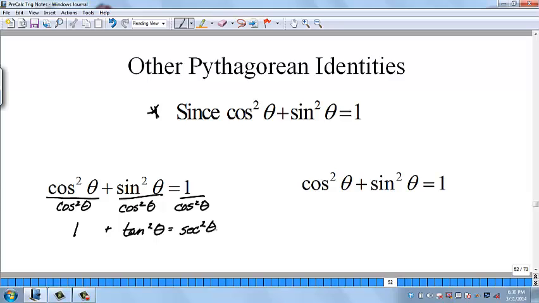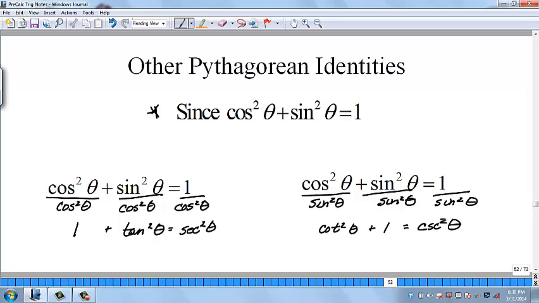I don't expect you to memorize that, but it'll come in handy. The other way to do it is to divide them all by sine squared theta, and when I do that, I come up with yet another identity: cotangent squared theta plus 1 equals cosecant squared theta. So you can use these identities to find other values.